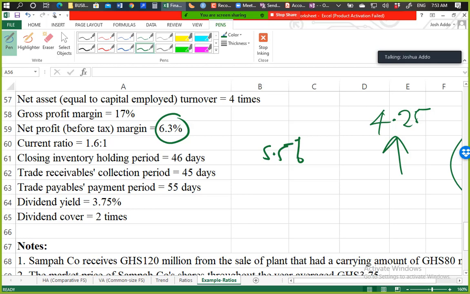You can also say that, however, the company is still performing not too bad in terms of the industry average, or in comparison with the industry average.